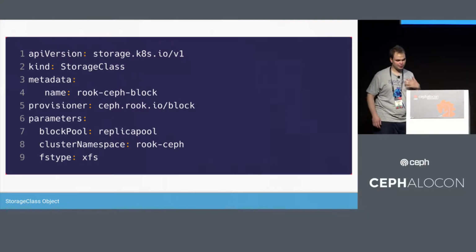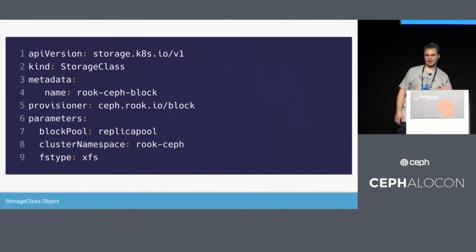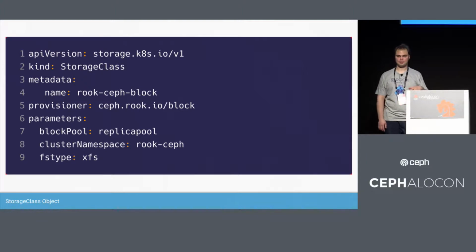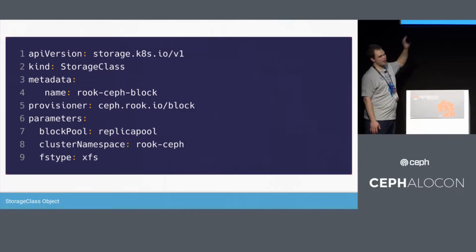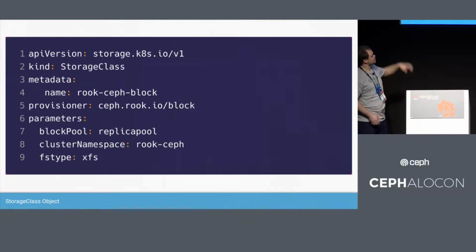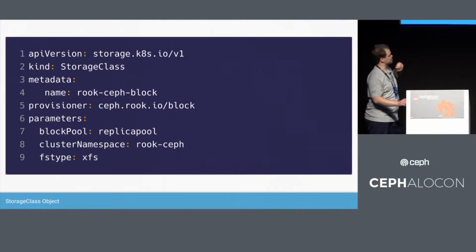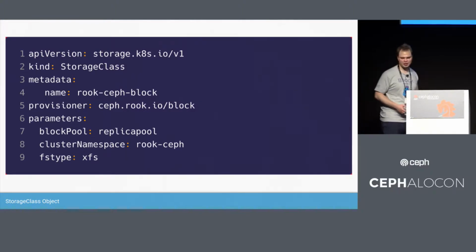Continuing on with this example, in Kubernetes to be able to consume the storage, I need to create a storage class. A storage class is kind of just a holder of parameters. It has information like which block pool to use, which cluster namespace, which in the end results in the cluster name, depending on the namespace you're deploying the cluster in.